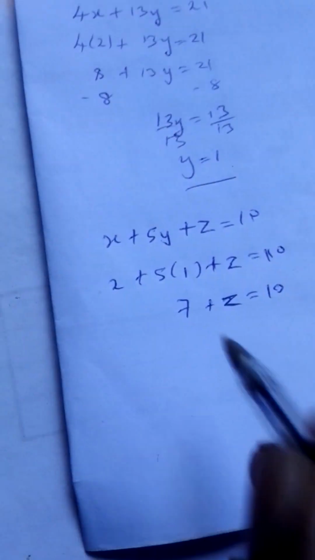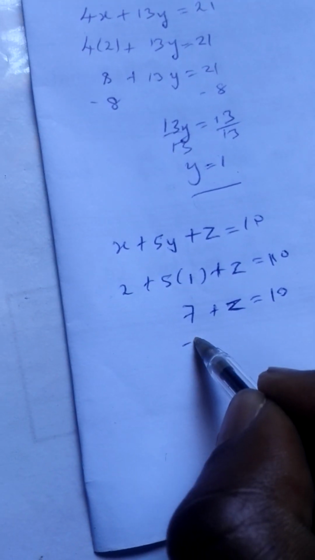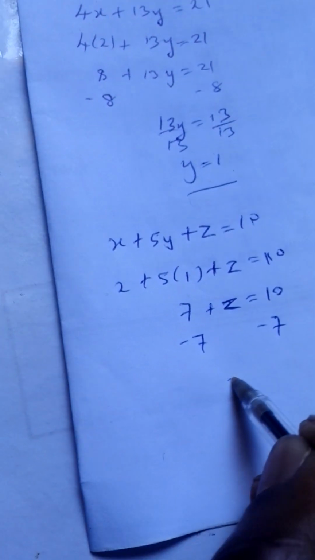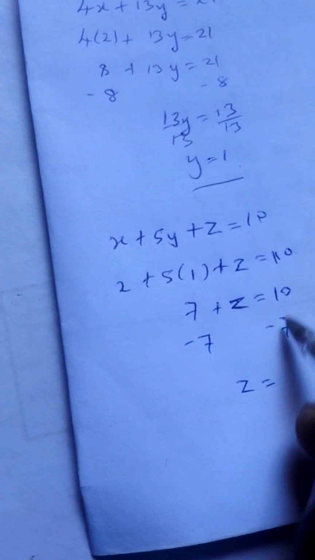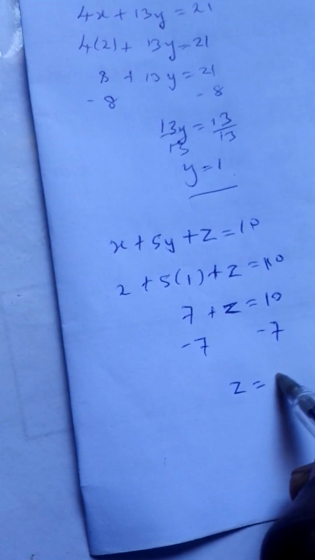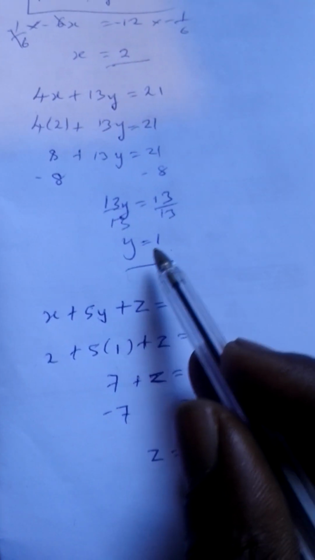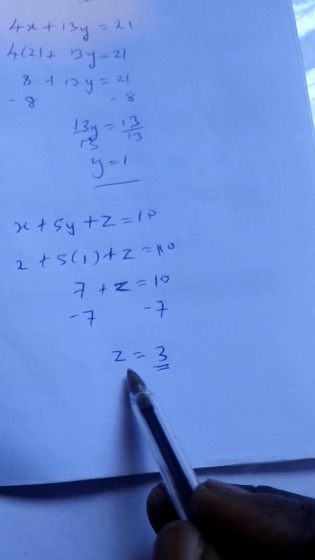If we subtract 7 from both sides, z equals 10 minus 7, which is 3. So I've got x equals 2, y equals 1, and z equals 3.